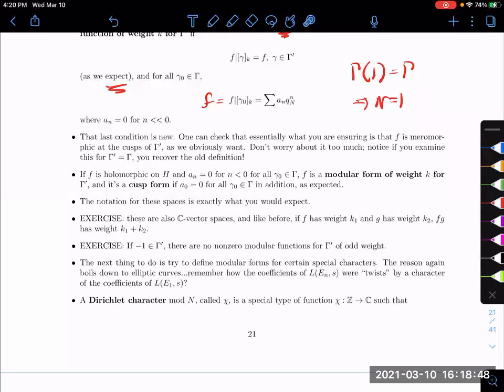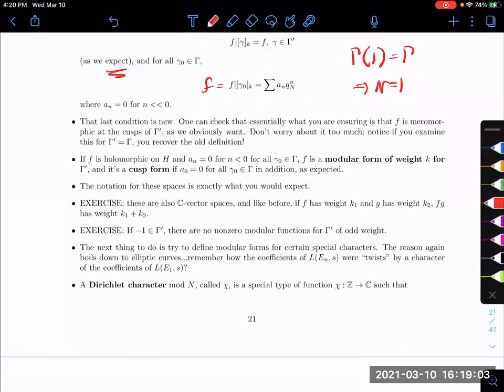And it will be a cusp form if the 0 index term vanishes, in addition to being a modular form, exactly like it was for SL2Z. And the notation for these spaces is also exactly what you would expect. So if I want to talk about the space of weight k modular forms for gamma prime, I would just write M sub k of gamma prime, just like we wrote M sub k of gamma when we were talking about modular forms for SL2Z.